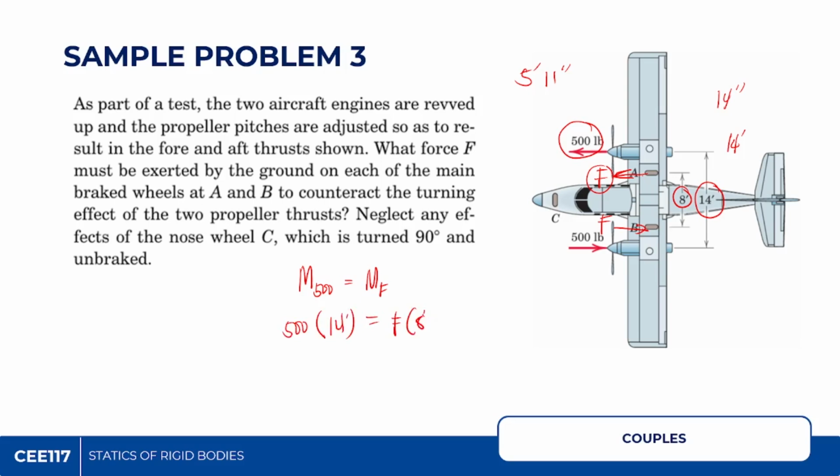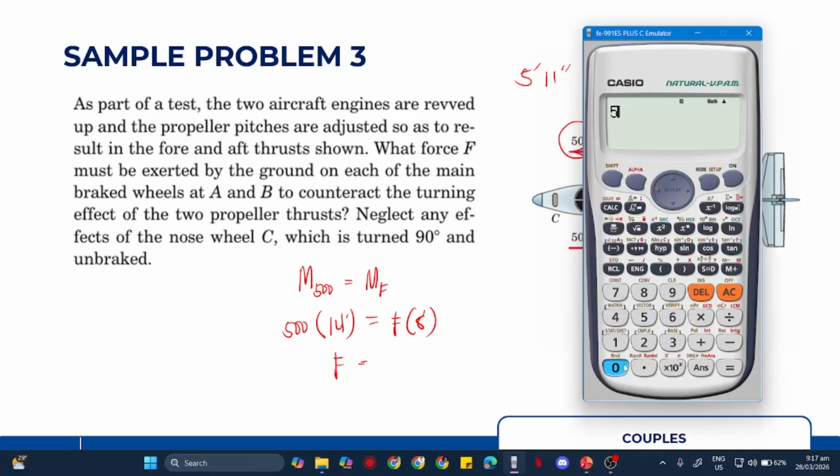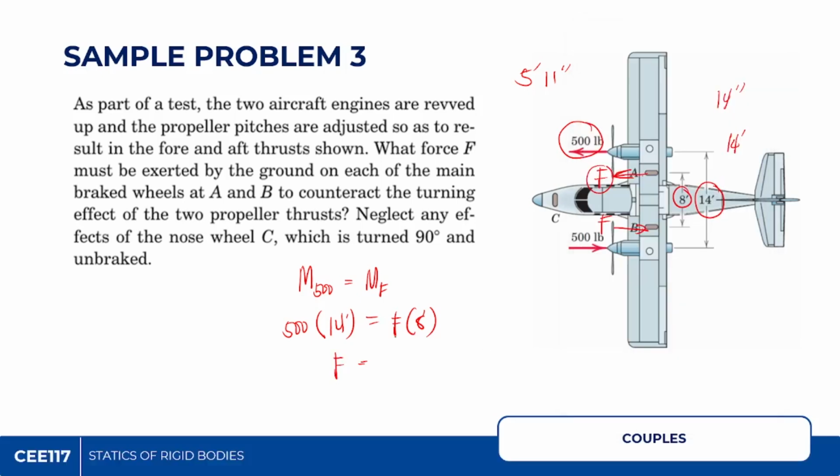Okay? 14 feet, 8 feet. So, therefore, that is equivalent to 500 times 14 divided by 8, and that is equal to 875. So, 875 pound. Therefore, this is basically your answer for that problem.